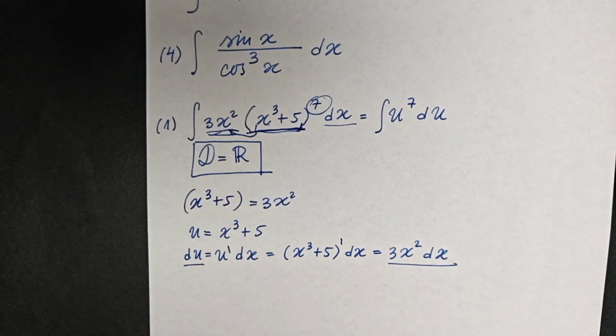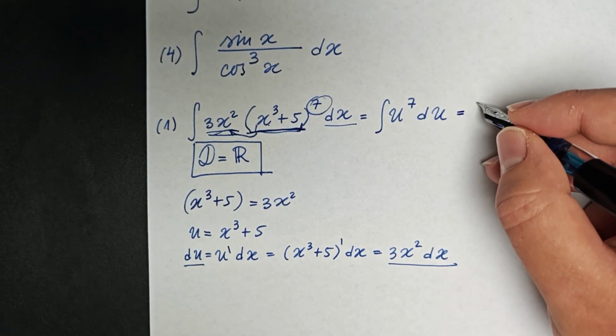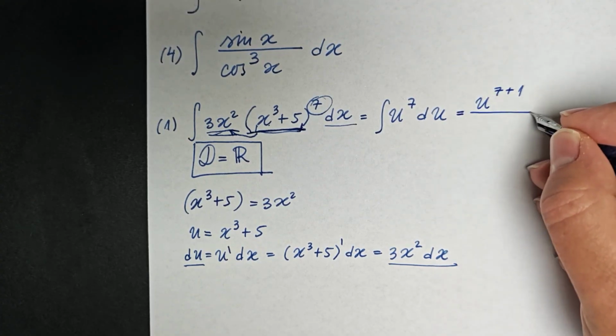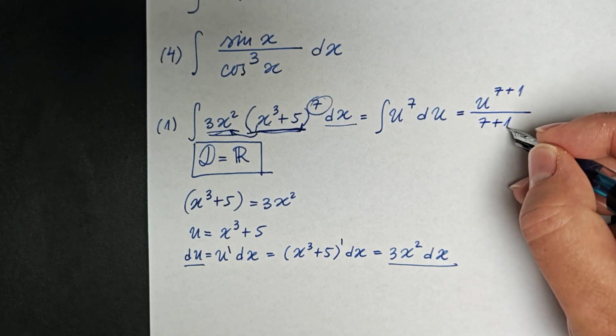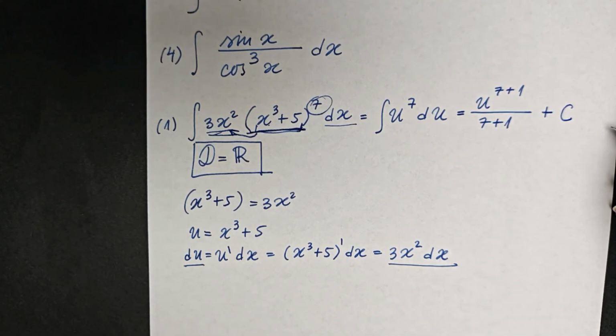As you can see now, you have a table integral where u is raised to the power 7. By using the power rule, we get that this integral is equal to u to the power of 7 plus 1 divided by 7 plus 1, and then we are going to add an arbitrary real constant c.